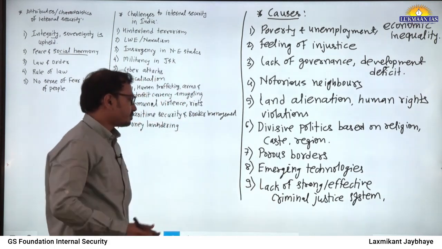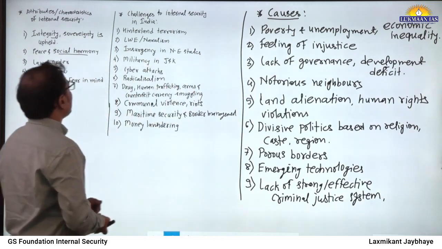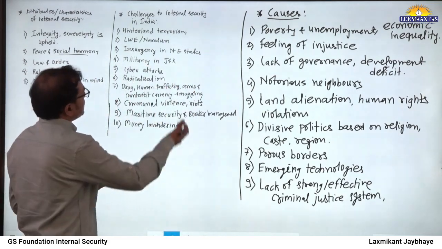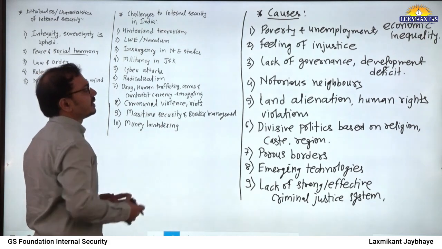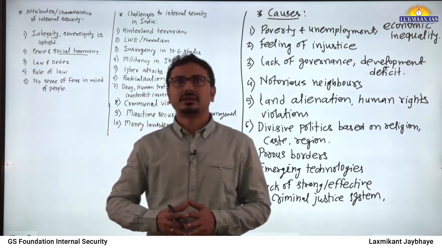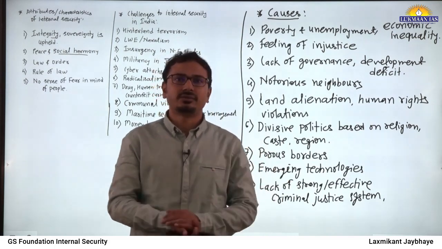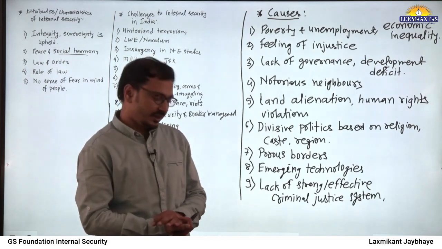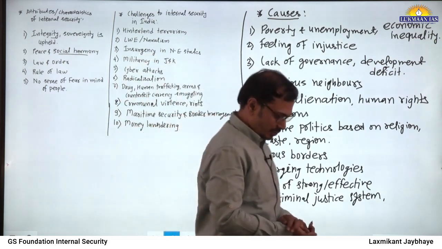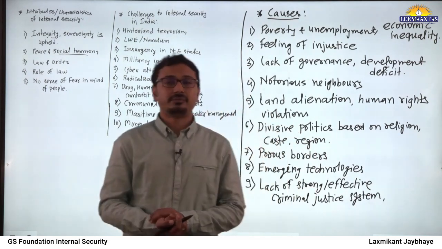See, to some extent, all these challenges are resulting in some kind of negative consequences. Okay, so why are these people forced to do such kind of things? Resulting in violence, resulting in some kind of harassment for innocent people.